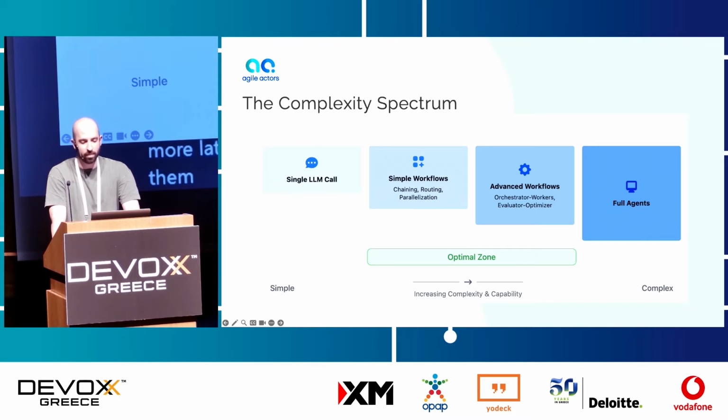Further along on the right, we have advanced workflows that enable more sophisticated capabilities and add to our system. When we go full to the right, we encounter full agentic architectures, which are basically systems where LLMs maintain their own state and are also responsible for how to handle processes and direct them over time. This is very important.